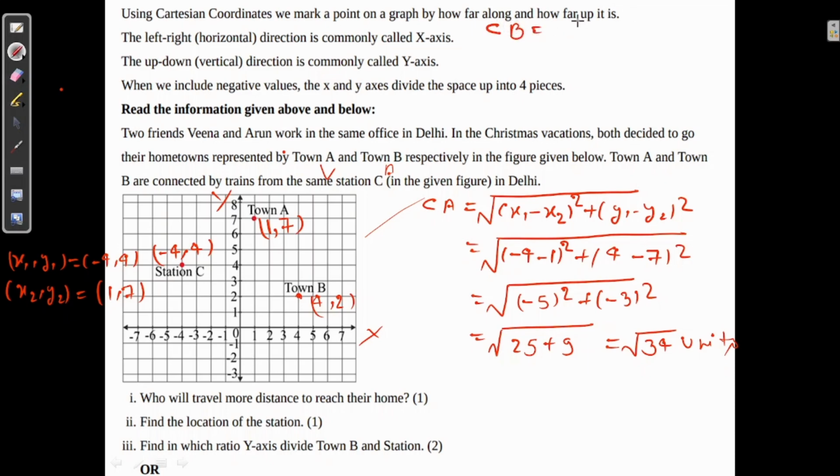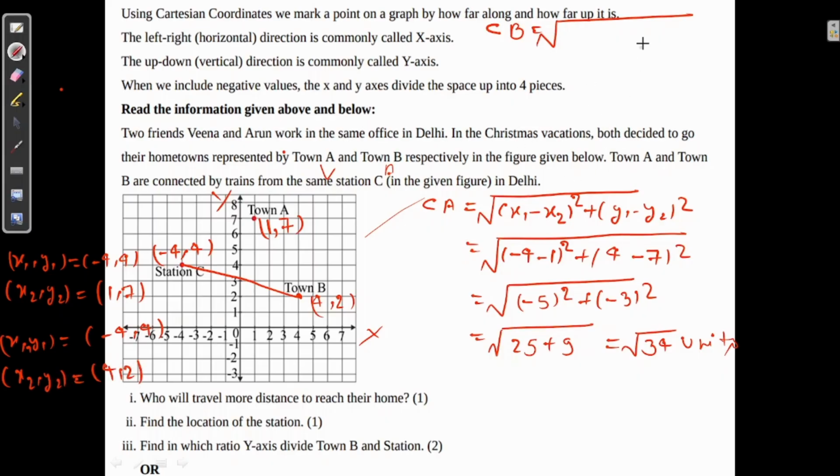Because I am not having space, I am finding the distance of C and B here. For C and B, let me write somewhere here. This (x1, y1), I will take point C. Now I am going to find the distance between C and B. So (-4, 4) I am considering (x1, y1), but (x2, y2) I am considering (4, 2).